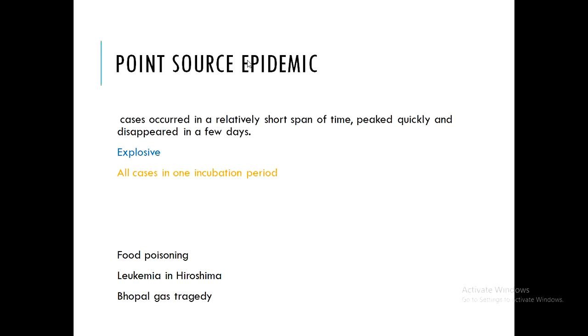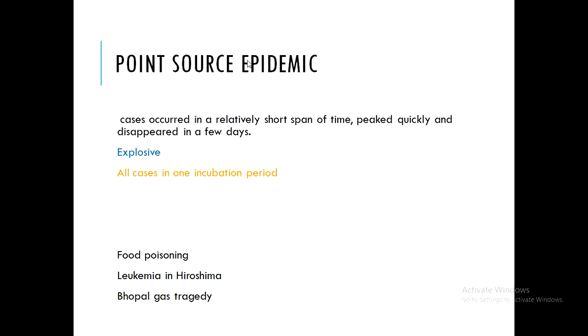Another example is leukemia in Hiroshima, which occurred after the atomic bomb explosion, which affected a large number of people, and they presented with leukemia. And once the exposure was removed and there was no further radiation exposure, the number of cases of leukemia declined.